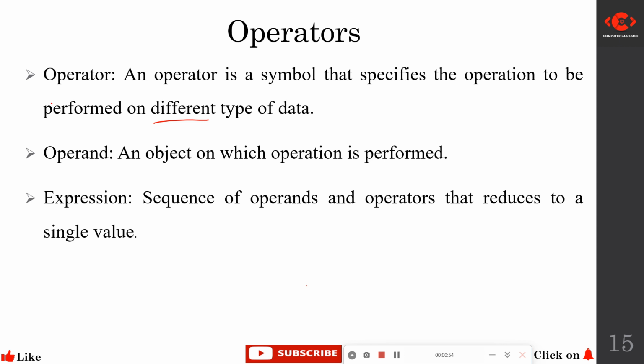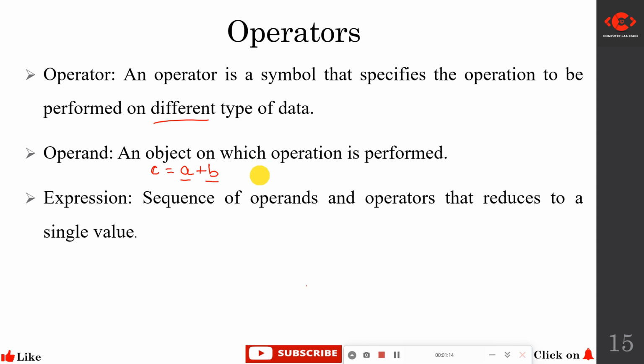Then operand is nothing but an object on which an operation is performed. For example, if I write C is equal to A plus B, here A and B are the operands and plus is an operator.